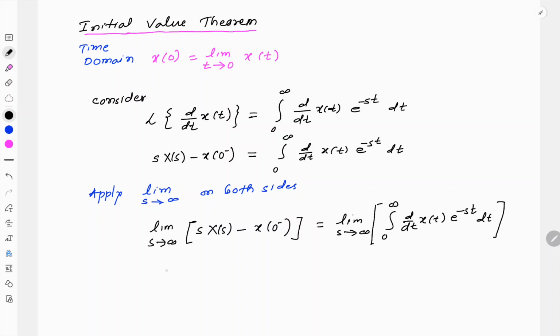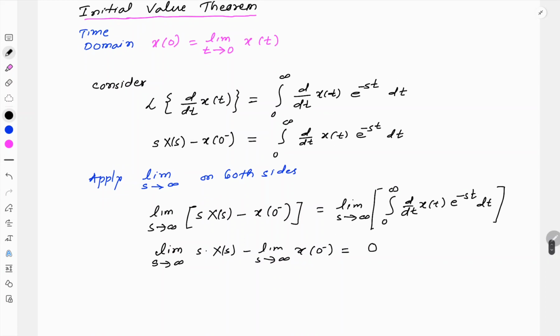Now separate out the limits. So limit s tends to infinity of s into x of s minus limit s tends to infinity of x of 0 minus, equal to, now if we evaluate the right hand side with s tends to infinity, e raised to minus st becomes 0, so the right hand side becomes 0.